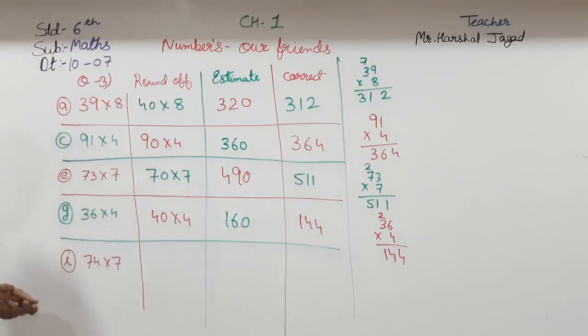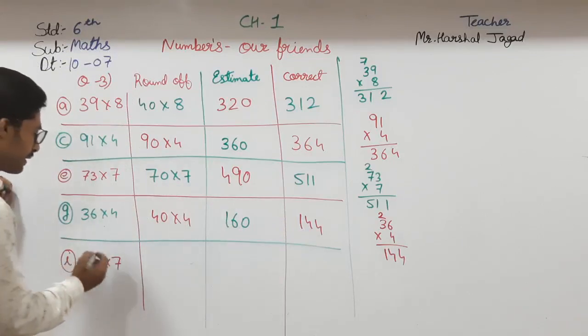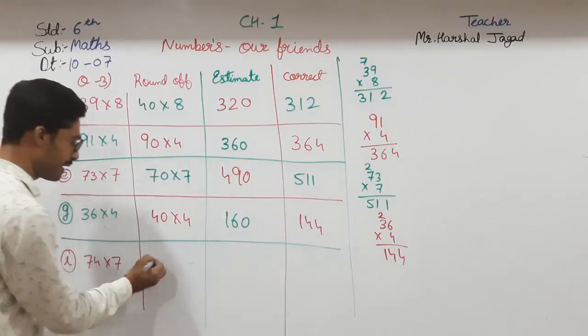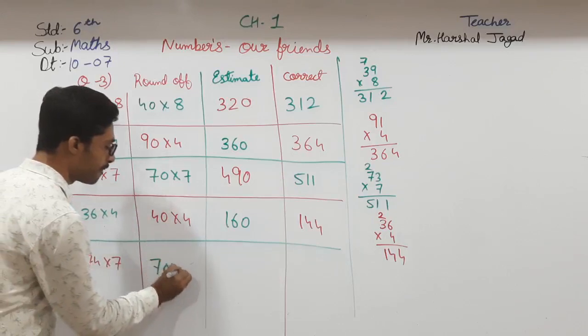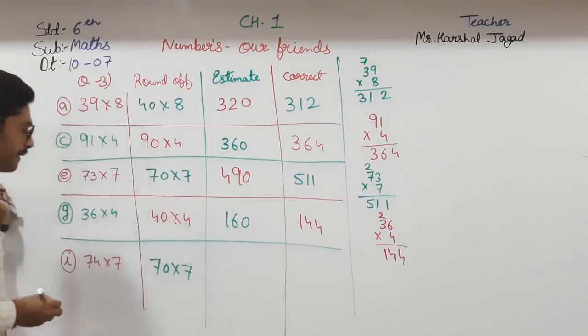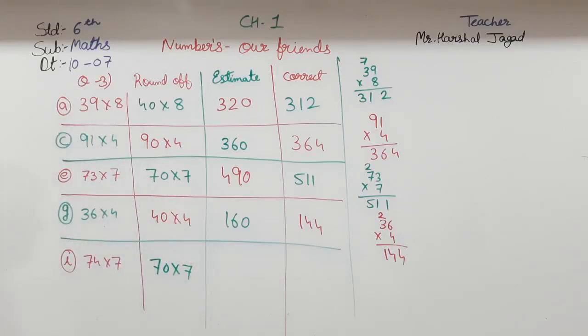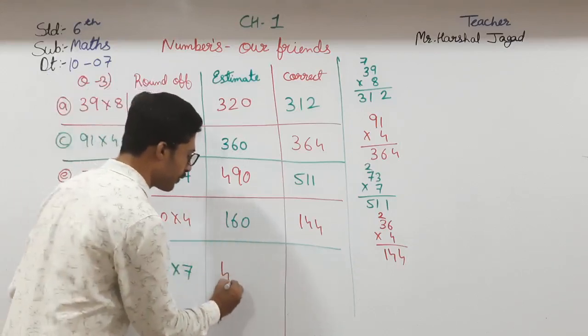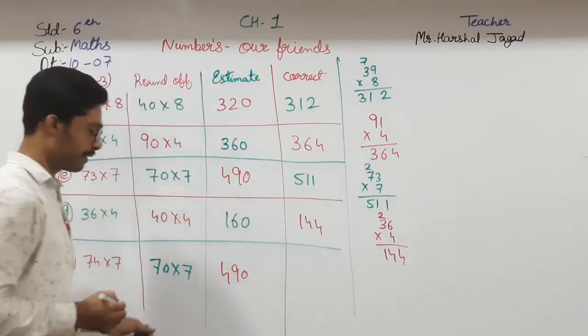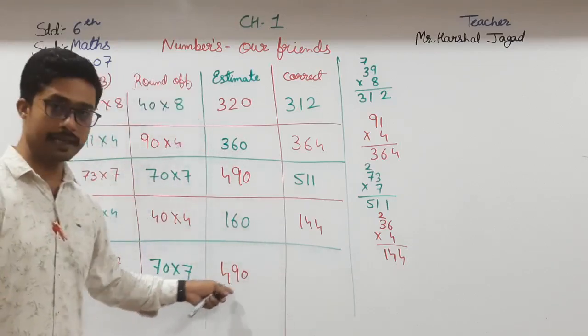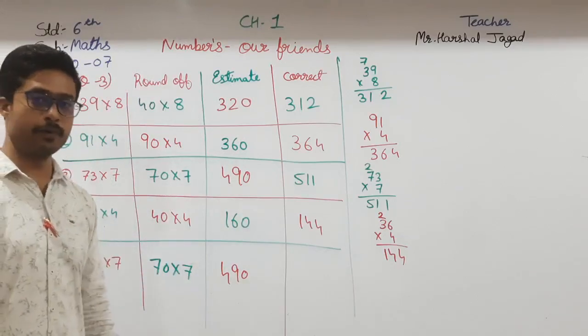Now the last one. We will just say 74 into 7, it is given, and we will say 70 into 7. So the answer will be 490, because 7 sevens are 49 and 1 zero, that is 490.